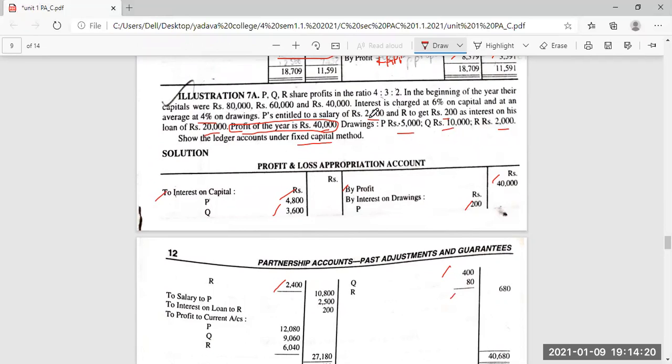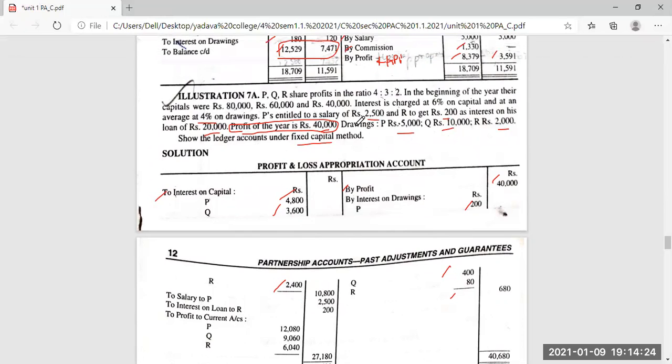So please note it down. P is entitled to salary 2,500. R is to get 200 as interest on his loan, which is 20,000. So this is entirely different. For 20,000, that 200 is the calculation.